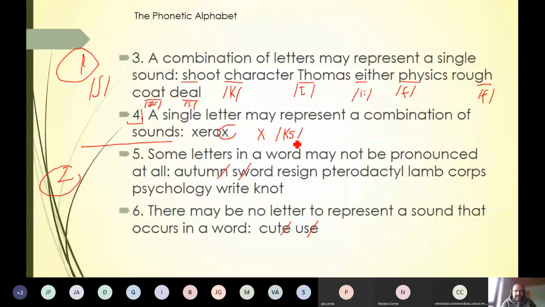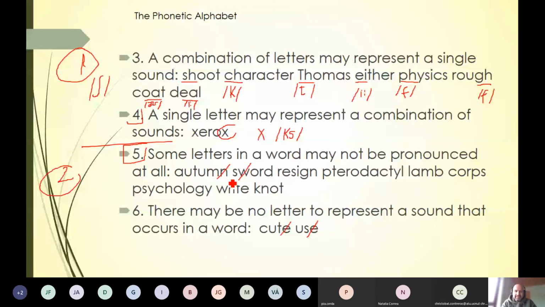Okay? In the case number 5, some letters, I'm sorry, are not pronounced. For example, in the case of autumn, the final letter is not pronounced. Autumn, right?